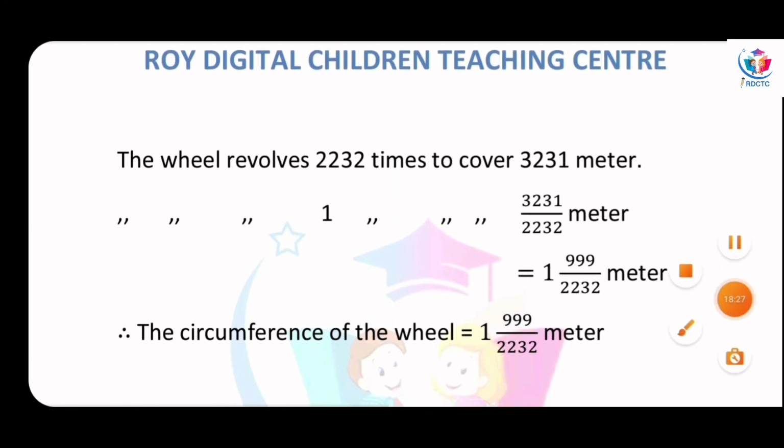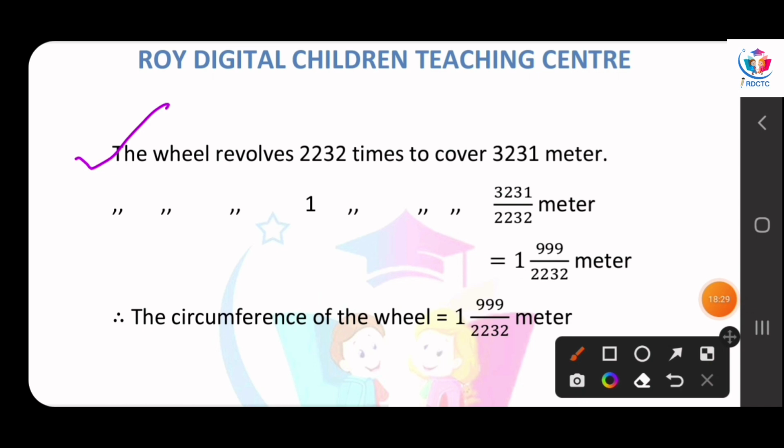Now I can write like this. The wheel revolves 2232 times to cover 3231 meter. In one time it covers 3231 divided by 2232 meter.